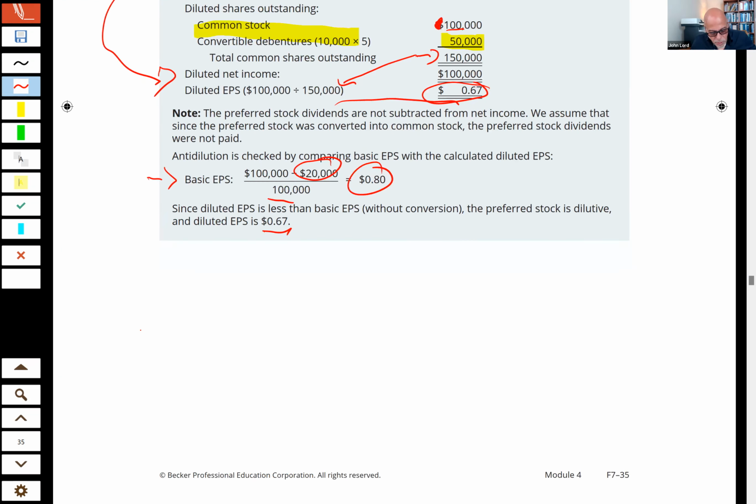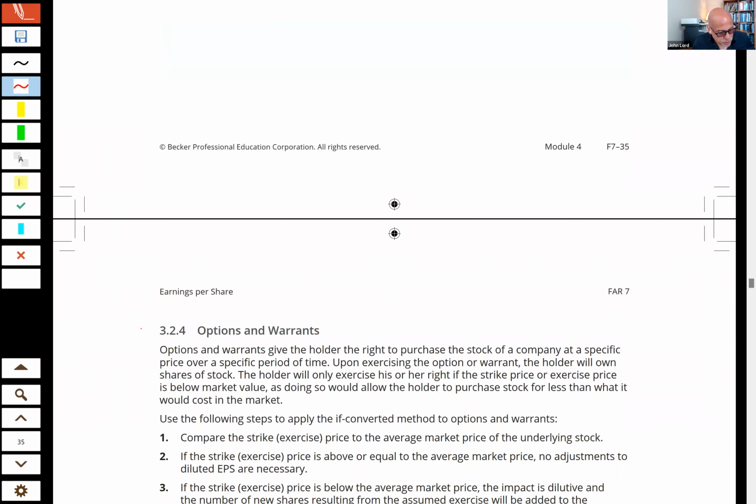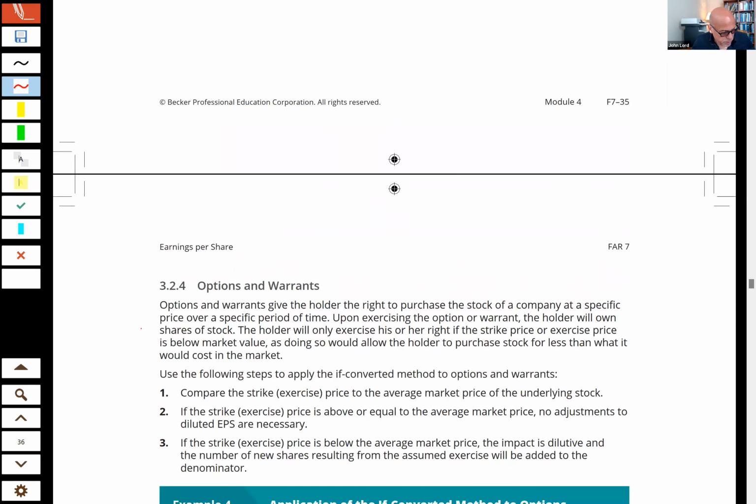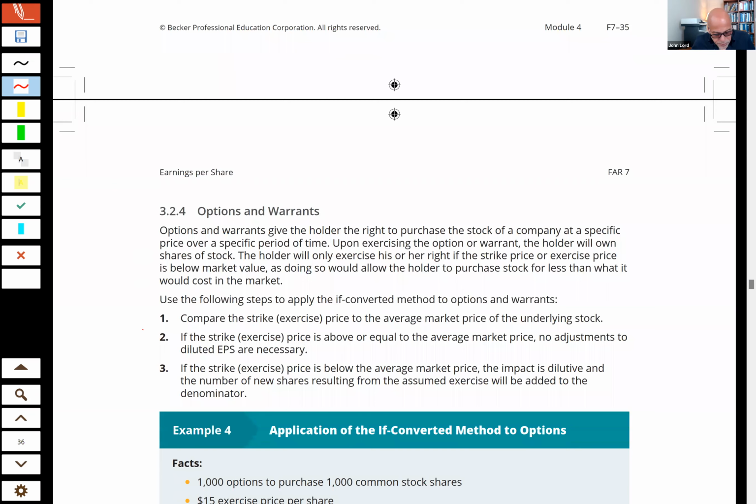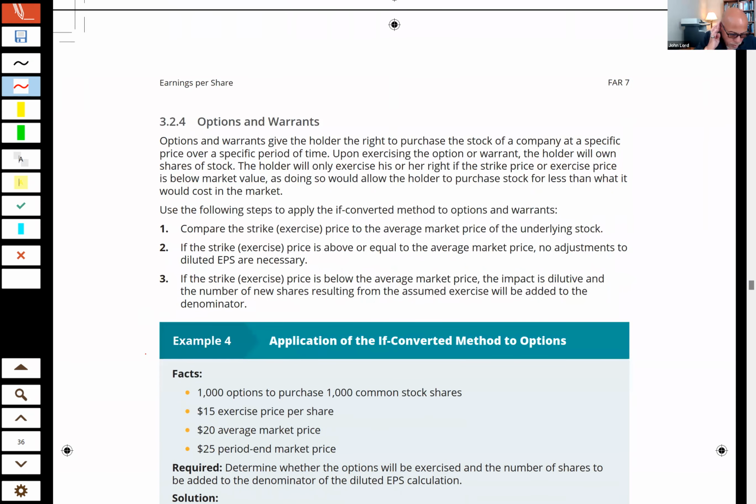Okay, good. Options and warrants. For some reason they decided that dilution from options and warrants should go last now. I used to like it where they had it before, but it's their book, they can change the order if they want. Options and warrants give the holder the right to purchase the stock of a company at a specific price over a specific period of time.